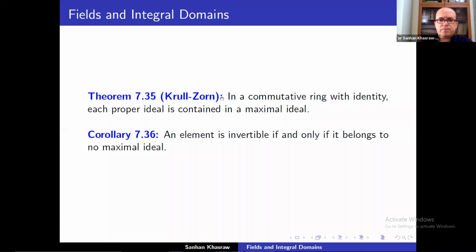This means that an element of a ring R is invertible if it does not belong to a maximal ideal. Because, as I said before, the elements in proper ideals are non-invertible, and if it is invertible, the ideal is equal to the whole ring R. So an element is invertible if and only if it does not belong to a maximal ideal.